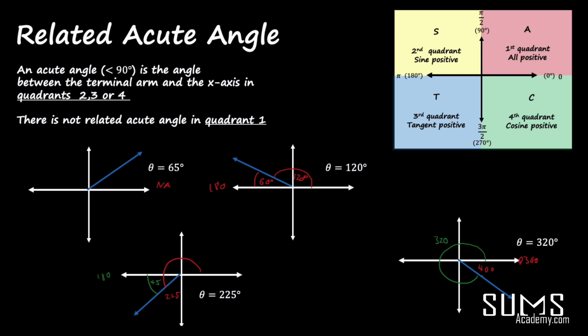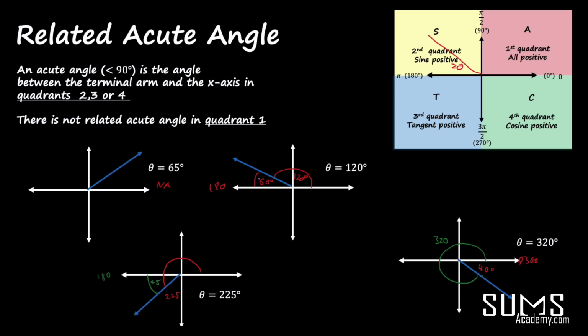So how is this useful? Well, we can actually get a formula, so we can always figure out the principal angle, the one that we're interested in. I'll do a quick example, then I'll move on. Say we've got 120 degrees and I wanted to know what the sine of that value is. So what's sine 120? It's in the second quadrant, and it's sine, so it's going to be positive.